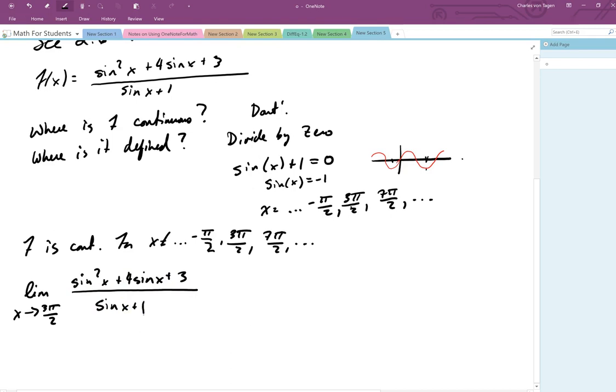What could we do with this problem? Well, we could see if we can factor out or cancel the expression in the denominator that's preventing us from using direct substitution.